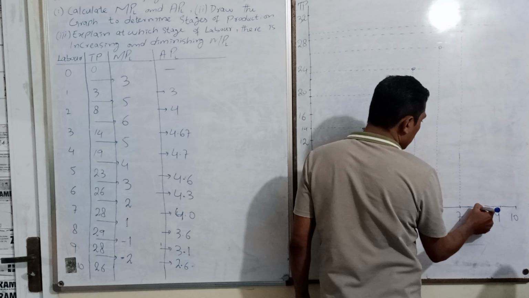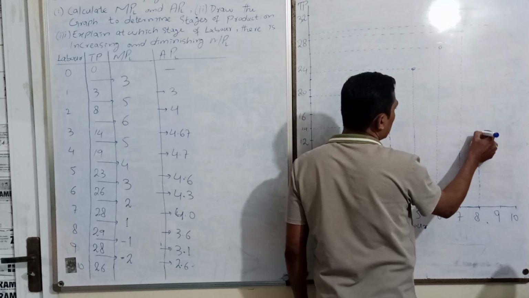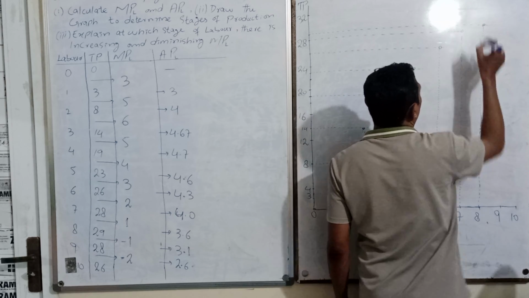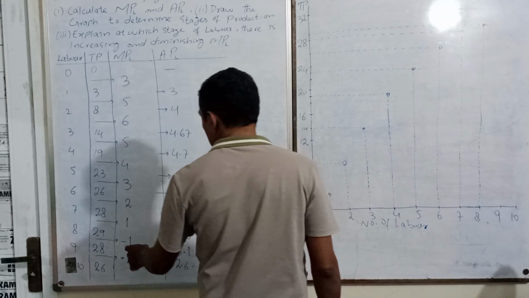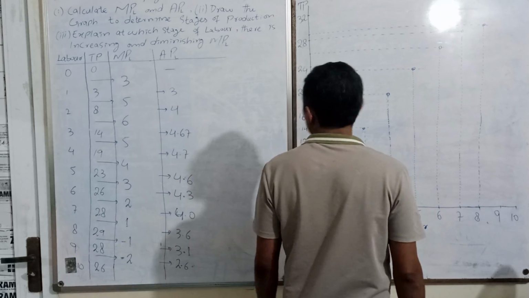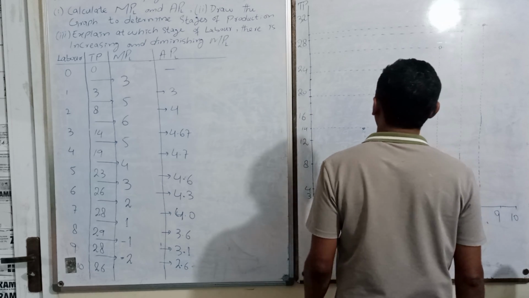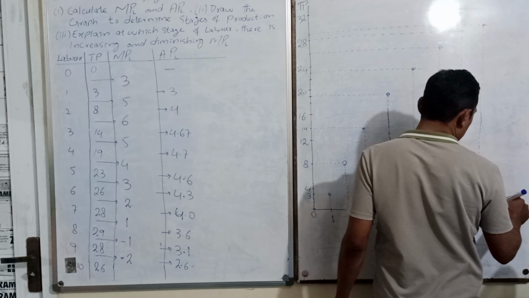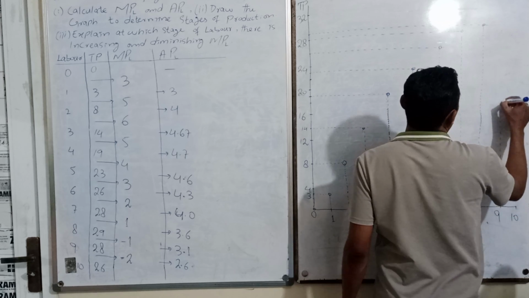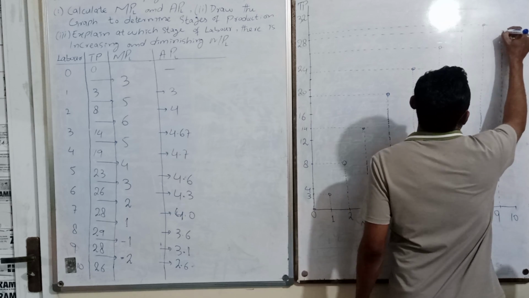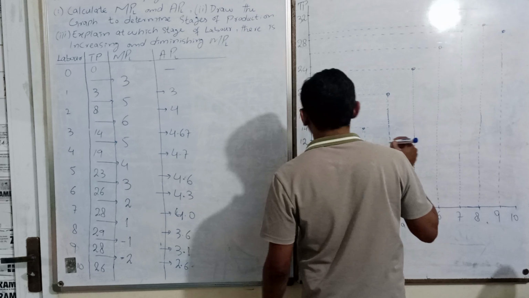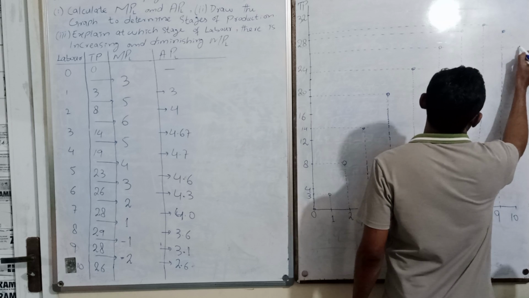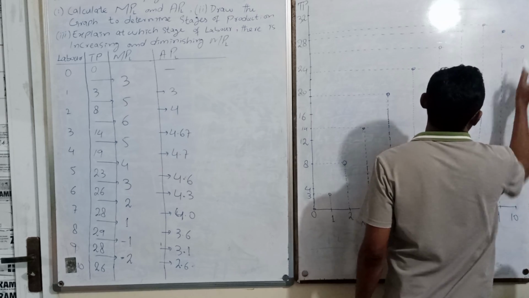This one is 29. And next is 28. Again 28. This one is 28. Okay. Last is 26. 26 will be this one. This is 26. So I'm going to write here just 26.